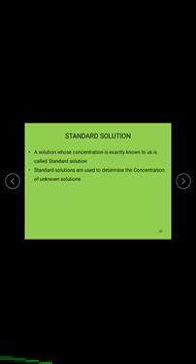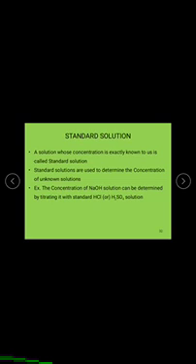Standard solutions are used to determine the concentration of unknown solutions. The concentration of sodium hydroxide solution can be determined by titrating it with HCl or H2SO4 solution.